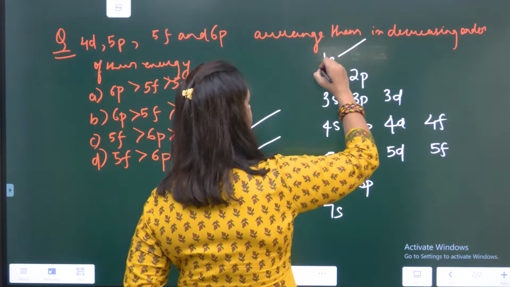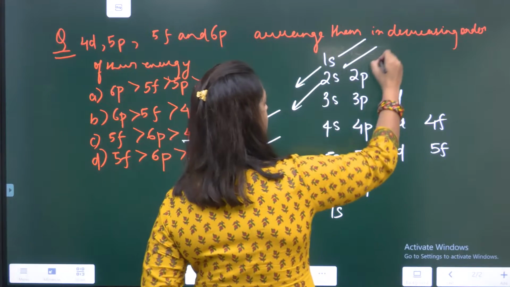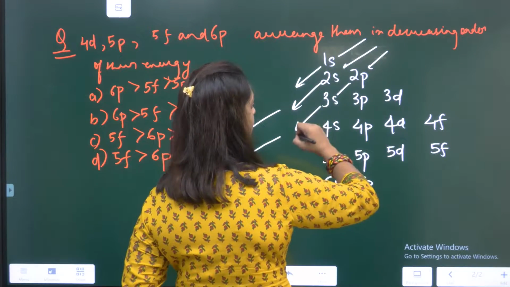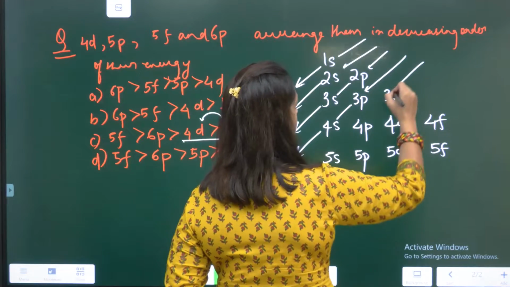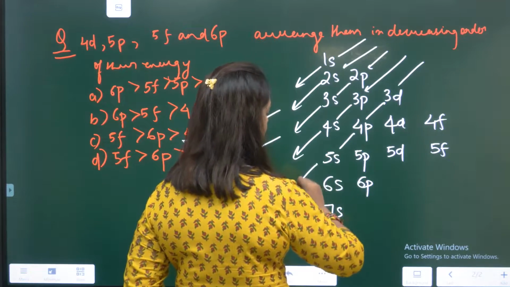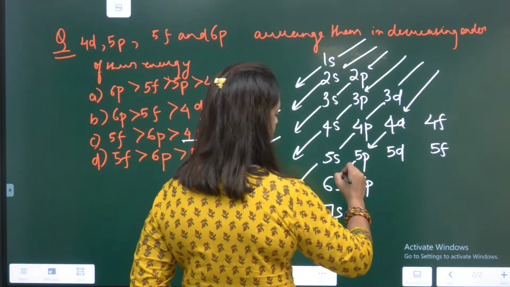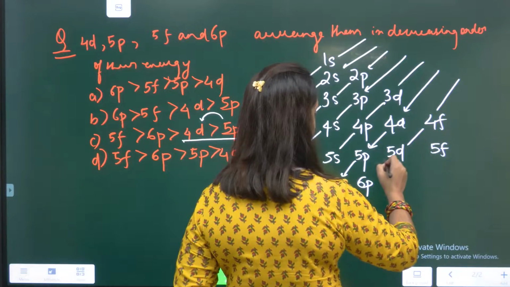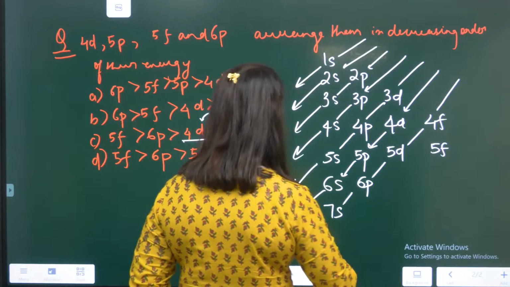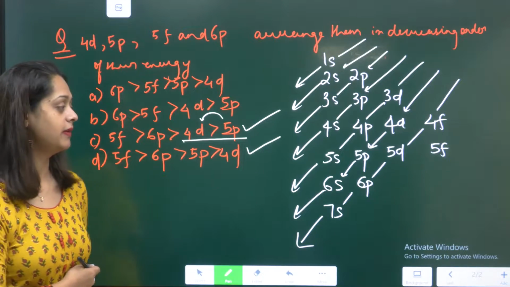So 1s, then 2s, then 2p, 3s, then 3p, 4s, 3d, 4p, 5s, 4d, 5p, 6s, 4f, 5d, 6p, 7s. Right? This is how we used to do the Aufbau principle.